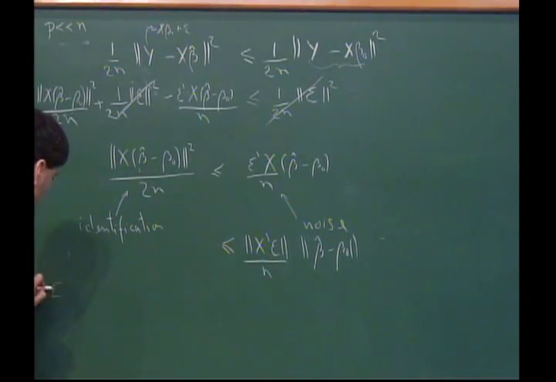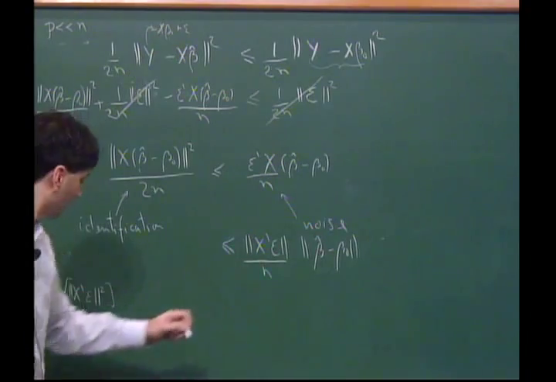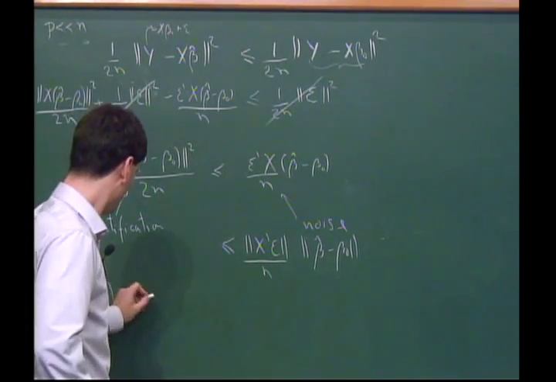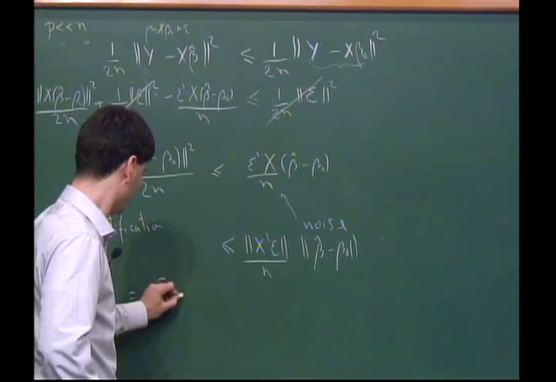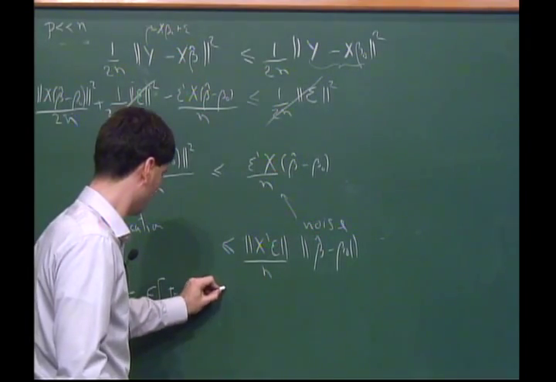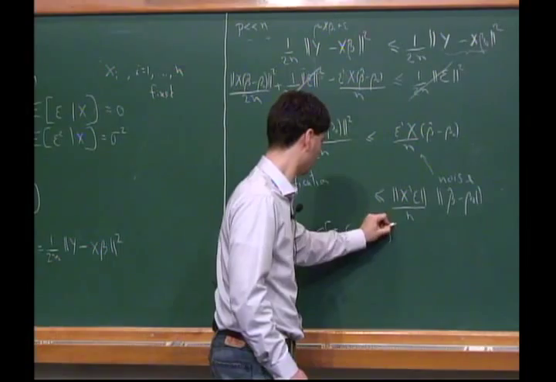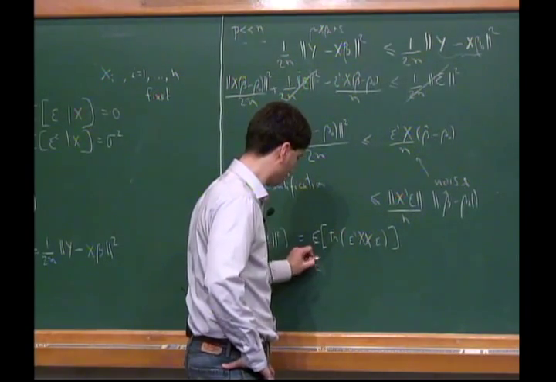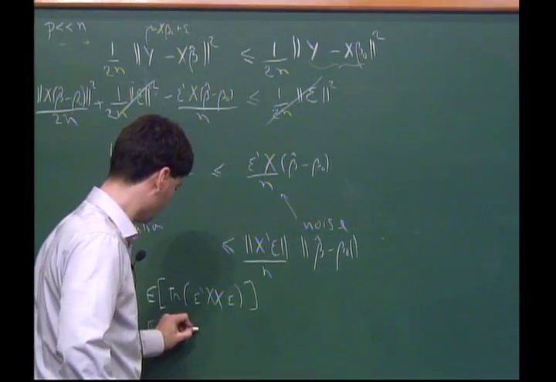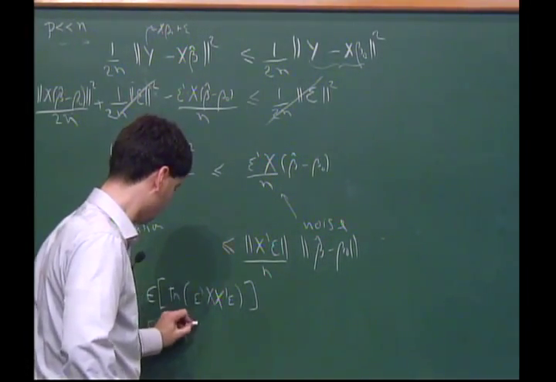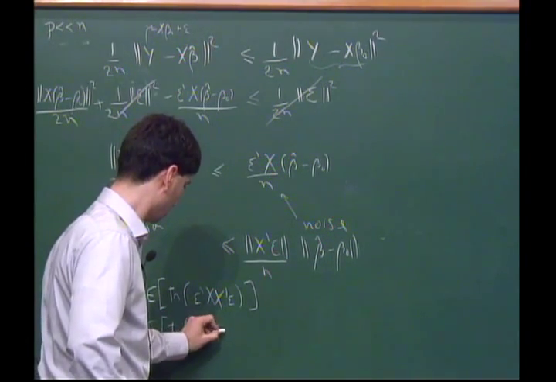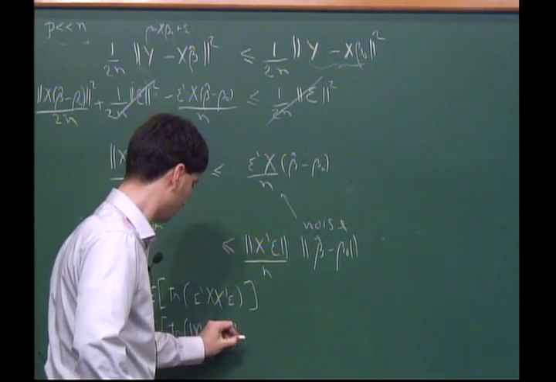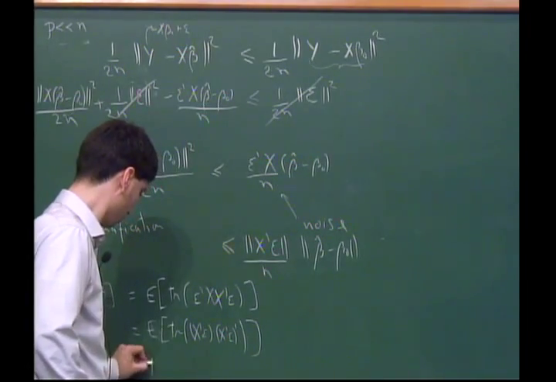But to bound that part, I can compute the square of the random term, and that will be essentially equal to the expectation of the trace of epsilon transpose x x transpose epsilon. We can exchange, so this is just going to be the expectation of the trace of x transpose epsilon epsilon transpose x.